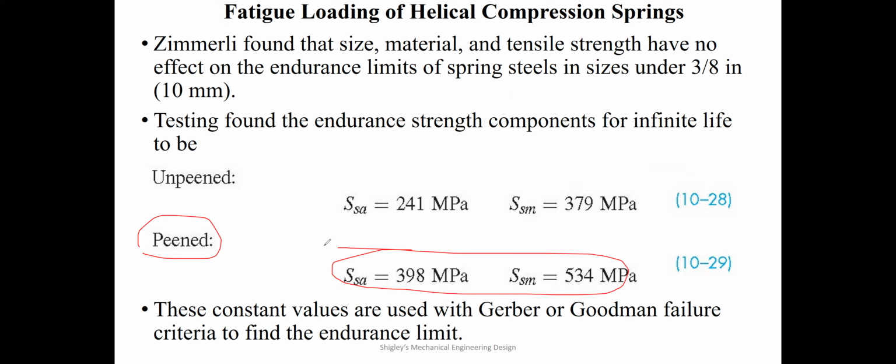Okay, these constant values are used for the Gerber or the Goodman failure criteria to find the endurance limits. If the spring is made by steel, we can use this number to find the endurance limits.